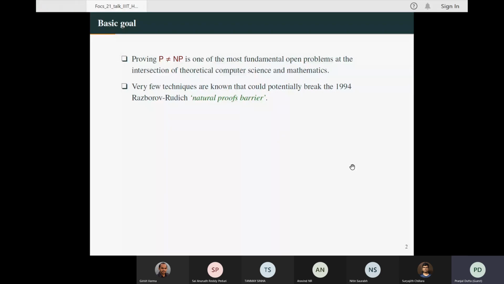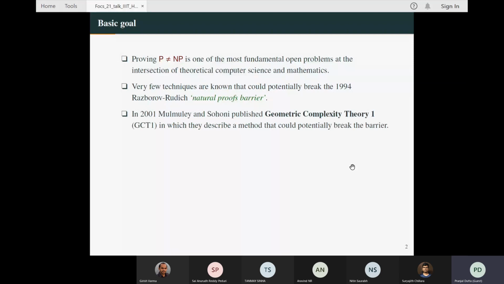Now to break that barrier, Mulmuley and Sohoni published their paper GCT1, Geometric Complexity Theory 1, and proposed a program which we now call the GCT program, and they described a method which can essentially break that barrier.